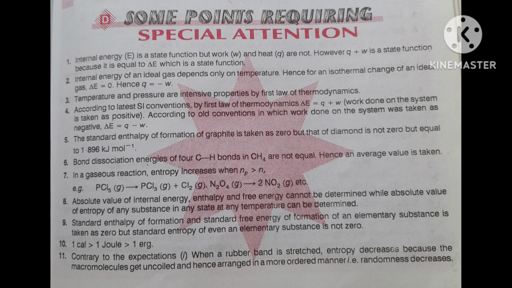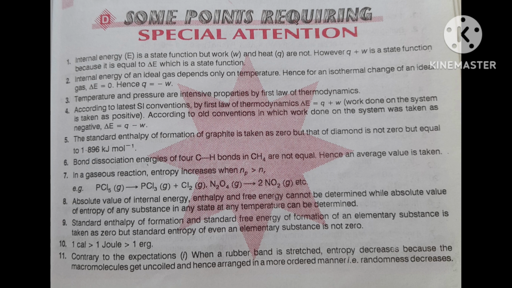Now, when an egg is boiled, what happens? The entropy increases or decreases? When an egg is boiled, the entropy increases. Why? Because denaturation occurs, resulting into a change of protein from helical form into random coiled form.